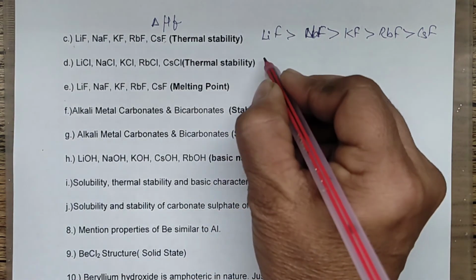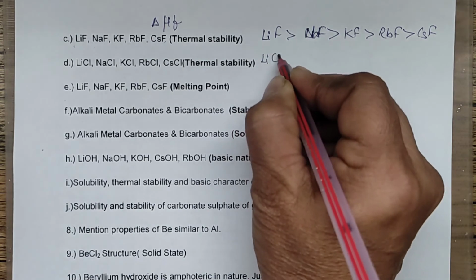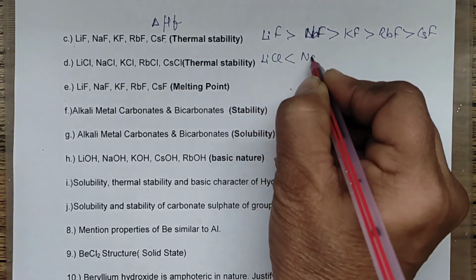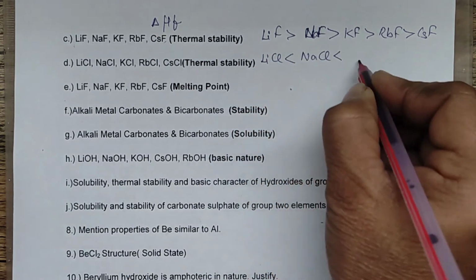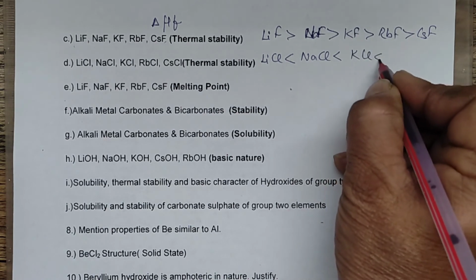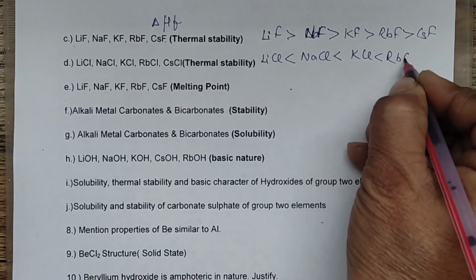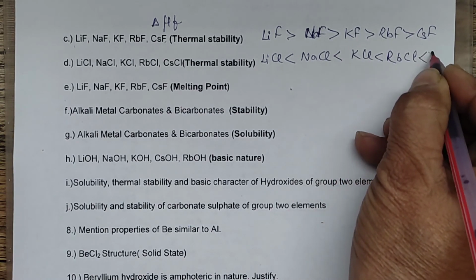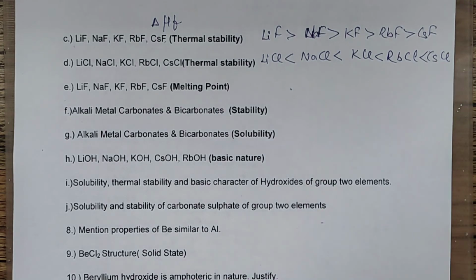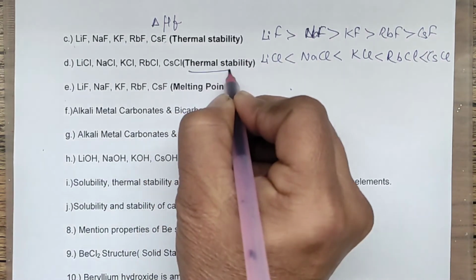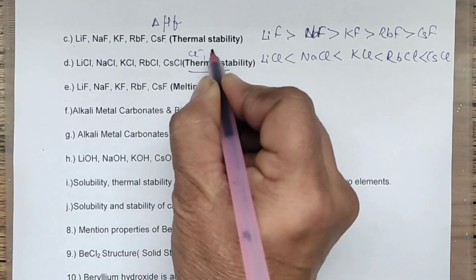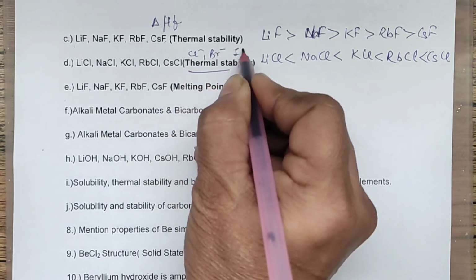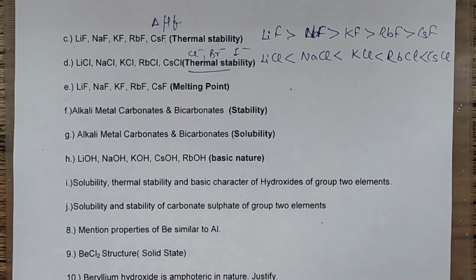So in them it will be LiCl least, then you have sodium chloride, then potassium, rubidium and cesium. Last will be cesium, that is, maximum will be cesium. So thermal stability for all chloride, bromide, iodide is becoming more negative down the group.